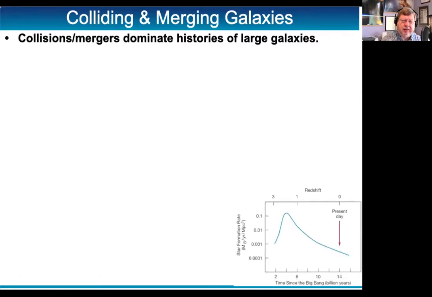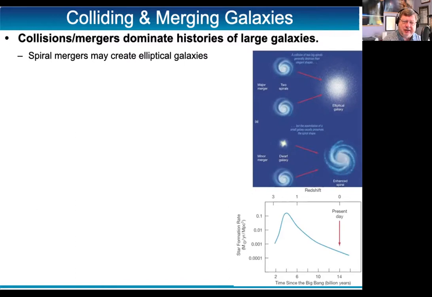So, colliding and merging galaxies: collisions and mergers dominate the history of large galaxies. We believe, and this is just a theory, that when two spiral galaxies collide that have angular momentums opposite to each other, the angular momentum essentially goes to zero, and what's left over is an elliptical galaxy.